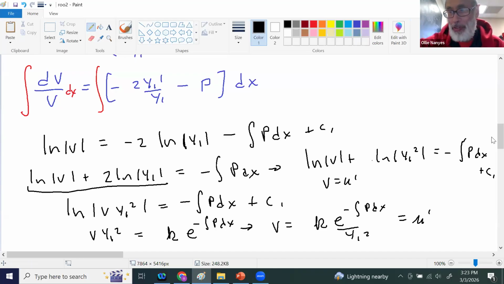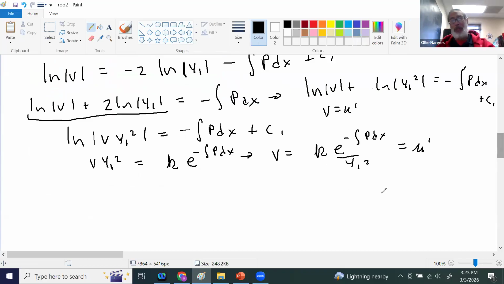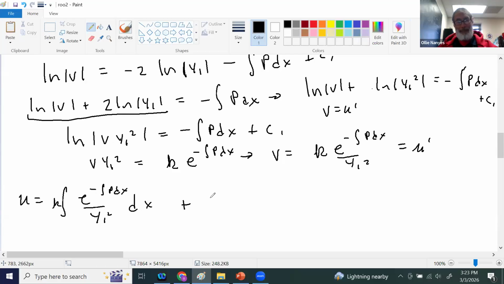So there's more integrating to do. We now want to solve for u. So to solve for u is going to be this integral here, and I'm not going to worry too much about this k. And then there's going to be, let's say, a C2.